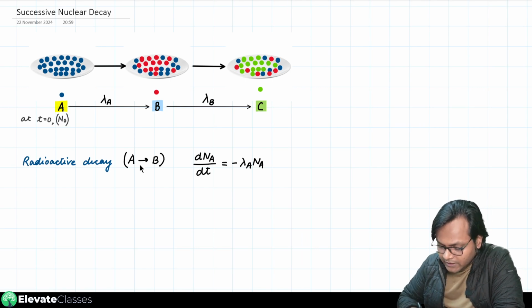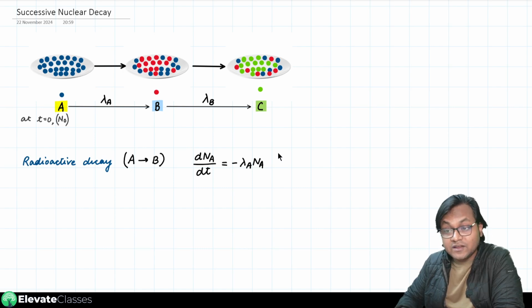So for the radioactive decay from A to B, the law is given as dN_A upon dt is minus lambda A N_A. This is the rate at which A decays into B. It is negative because A is decreasing with time. It is directly proportional to the total number of A radioactive nuclei, and lambda A, the decay constant, is simply the proportionality constant.